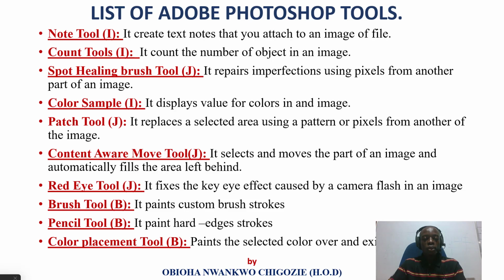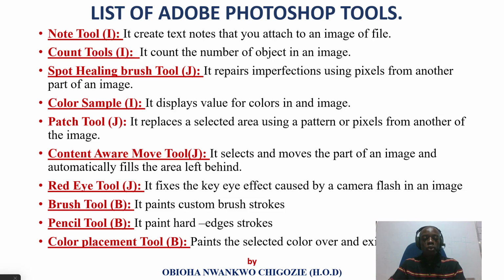The patch tool replaces a selected area using a patch pattern of pixels from another part of the image. The content aware move tool selects and moves part of an image and automatically fills the area left behind.